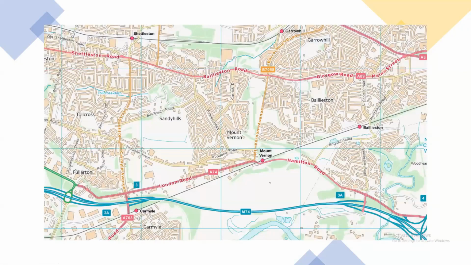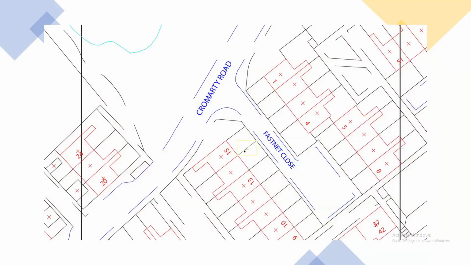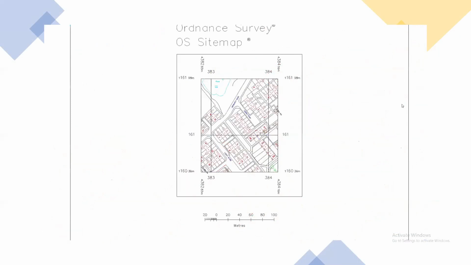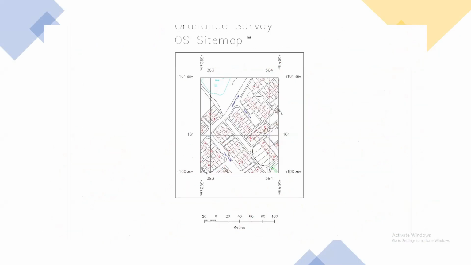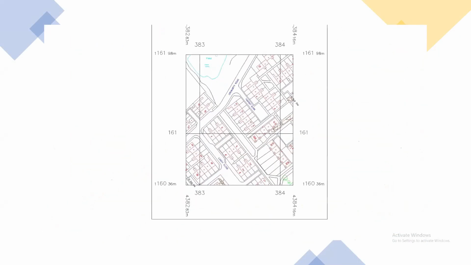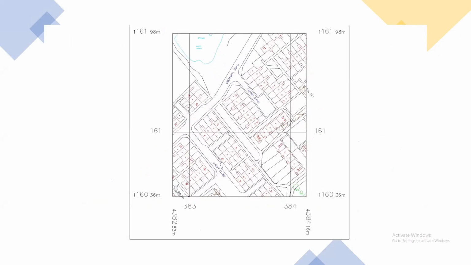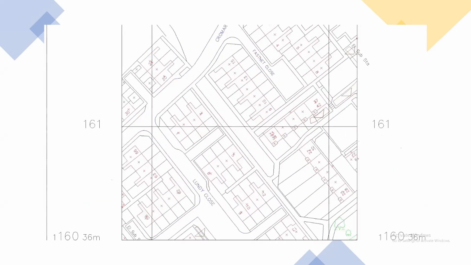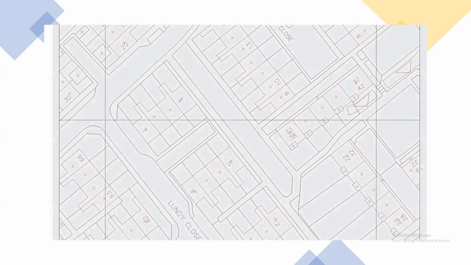With vector data, the best way to think of it is like an architect's drawing or house plan that has been created in a drawing software package. It is made up of points, lines, polygons and text, which can be moved or edited. When you open a vector drawing, it looks good on the screen, and when you zoom in, it still looks okay. The lines do not get thicker or blurred, the data is still usable no matter how far you zoom in. This is the same with vector map data.